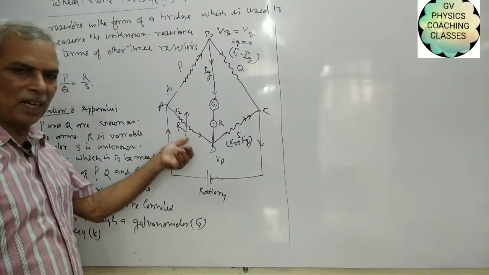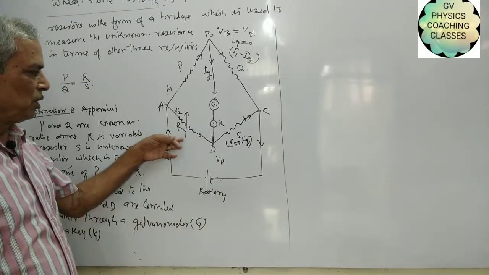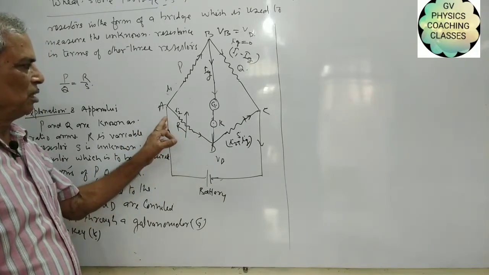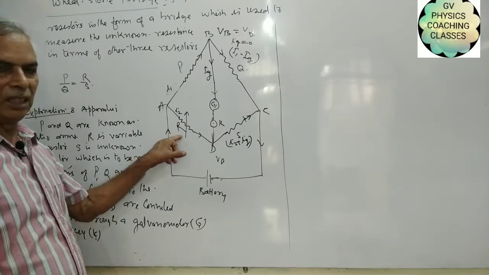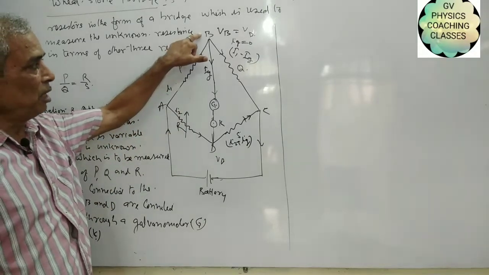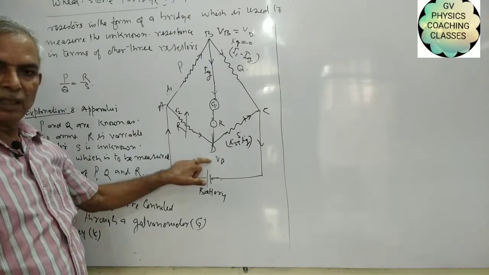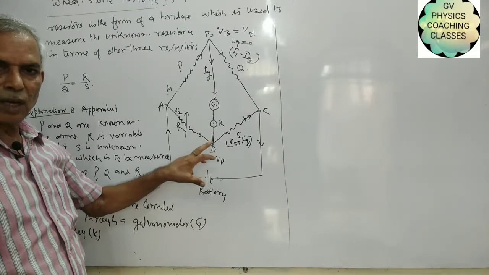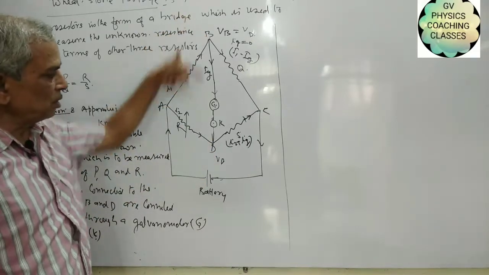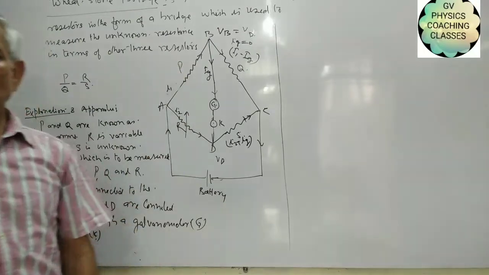By adjusting R, we change the resistance of R so that the potential at B and potential at D becomes equal, so that there is no potential difference between B and D and no current passes through the galvanometer.